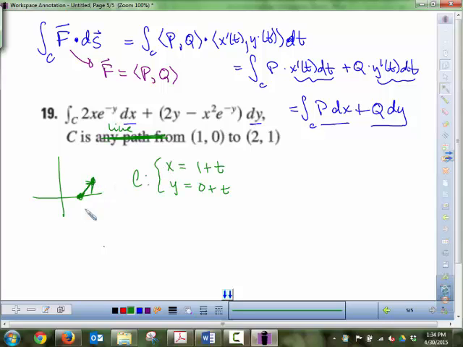So we're going in this direction, so (2, 1) minus (1, 0). So 2 minus 1 is 1, and 1 minus 0 is also 1. So our x is just 1 plus t, and our y is just t.